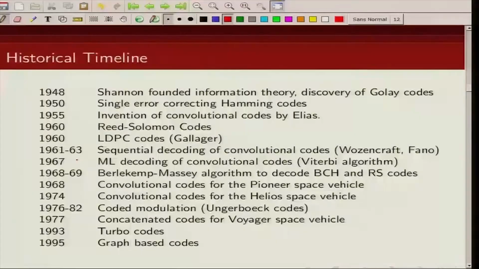In the late 60s and early 70s, convolutional codes and concatenated codes found applications for deep space applications. Around 1977 coding and modulation were combined to design trellis coded modulation, and they subsequently found a lot of applications in designing coding for modems.